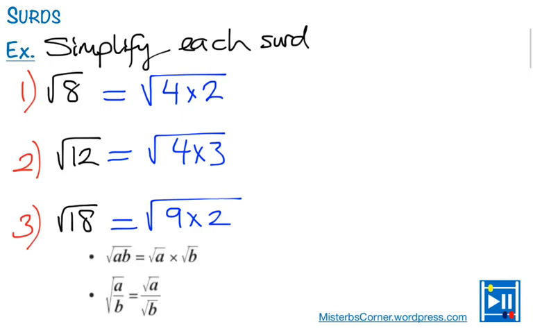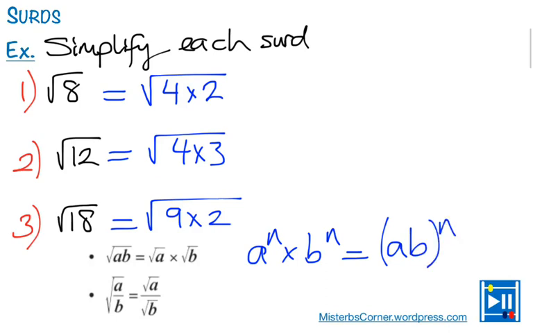Basically, these rules are the extension of index rules. Remember, we had a to the power of n times b to the power of n, which could be written as a times b to the power of n, and this works both ways, right? You can just convert this to this, or vice versa.